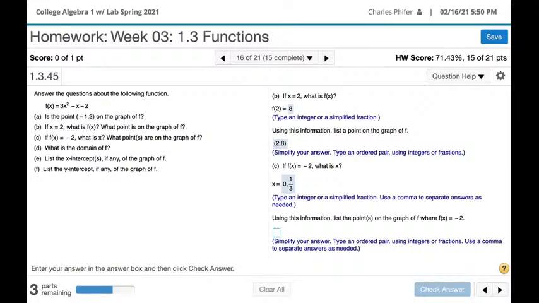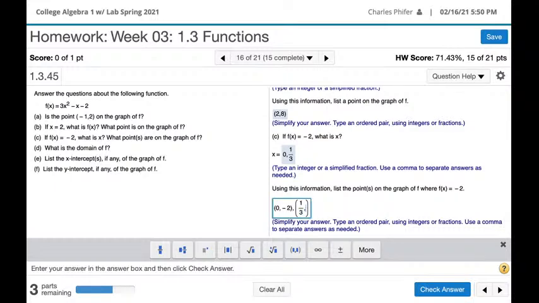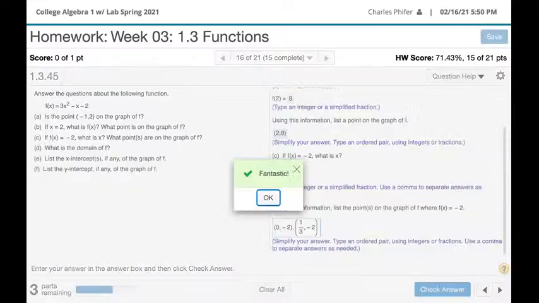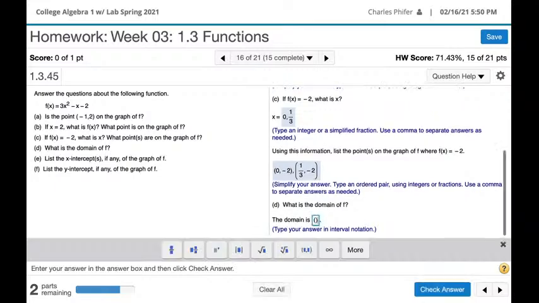So we got 0, -2, and we got 1/3, comma, -2. Domain, interval notation, parentheses, negative infinity up to infinity.